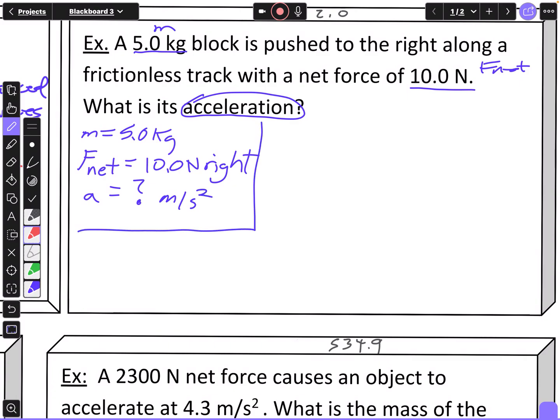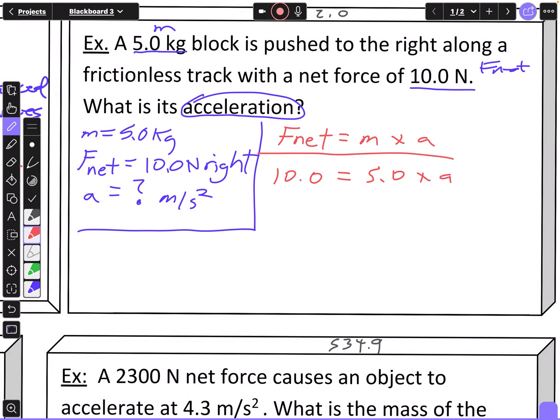My equation is next. Remember the GUESS method: givens, unknown, equation, which in this case is F net equals M times A. And then I'm going to substitute and solve. My F net is 10.0 equals my mass, 5.0, times acceleration.